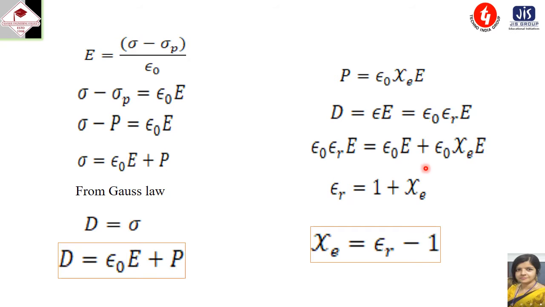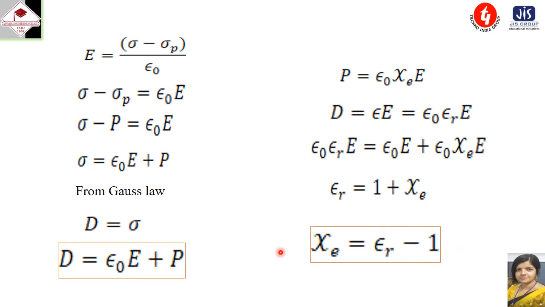So we can write this expression as epsilon R equals 1 plus chi E. From here we can calculate the expression of chi E. What is our chi E? Chi E equals epsilon R minus 1.